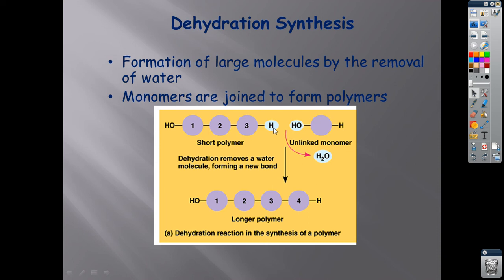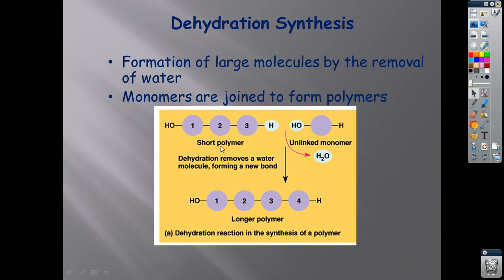If you have an ending of hydrogen here, what will you have in the beginning of an unlinked monomer, or another polymer for that matter? You're going to have HO, hydrogen, oxygen. And what would you get if you combine 2 H and an O? You're going to get water. Okay, so that's set up that way for that purpose.